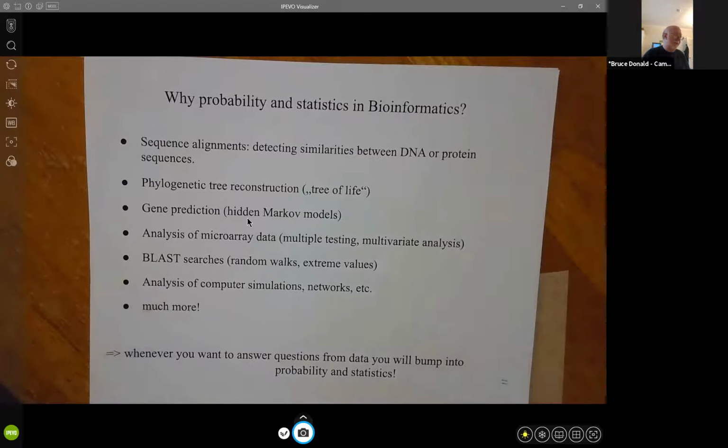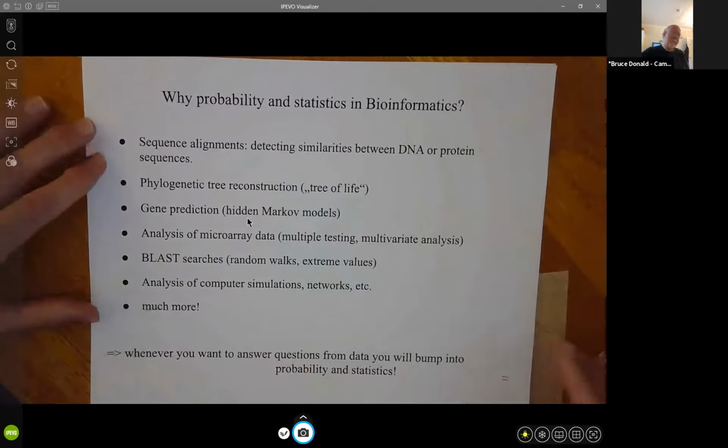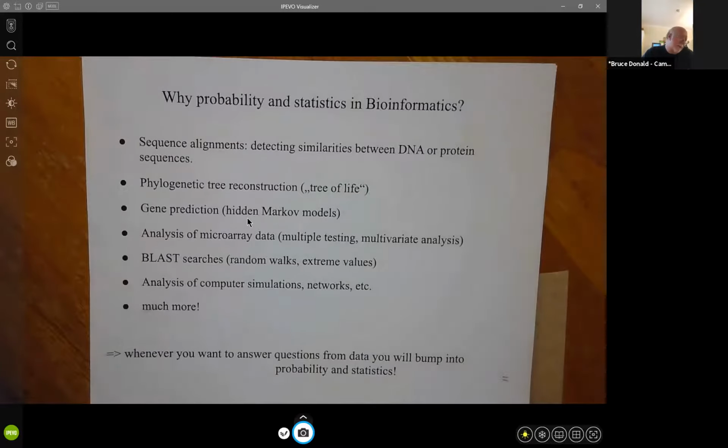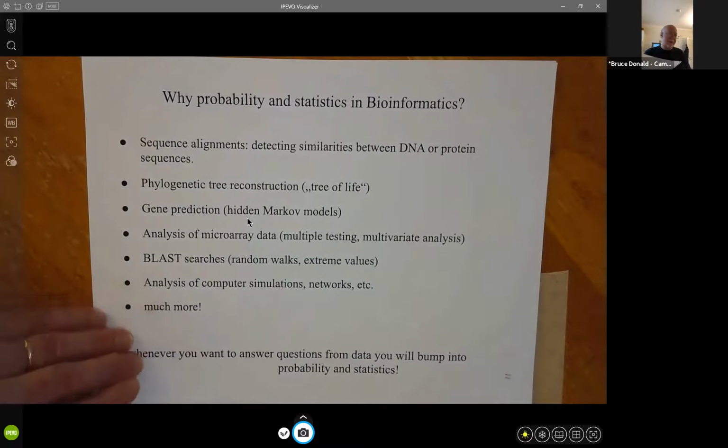So some of the tasks you do are aligning sequences from genomes, say, reconstructing family trees, genetic information, predicting genes. So basically in science these days, whenever you are asking questions from data, you're going to run into probability and statistics. And these happen a lot in the context of biology.